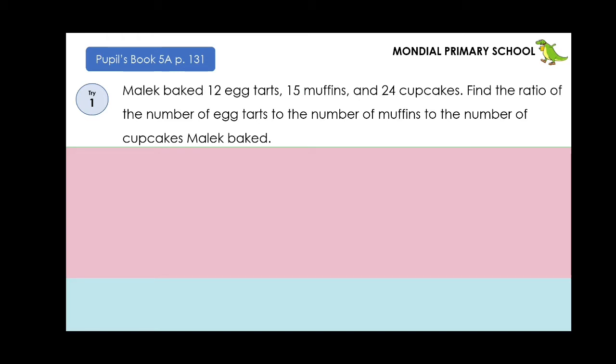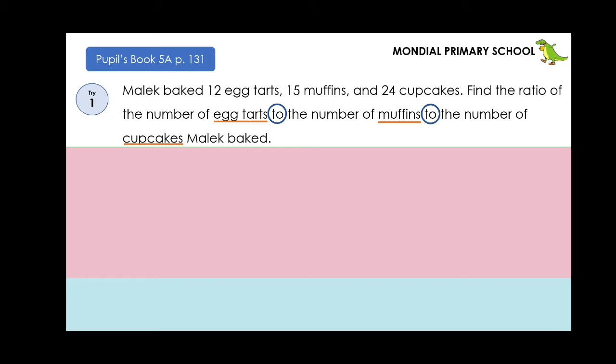The numbers of egg tarts, muffins, and cupcakes Malek baked. First, underline the word egg tarts, circle the word to, underline the word muffins, circle the word to, and underline the word cupcakes like this. Egg tarts, muffins, cupcakes.